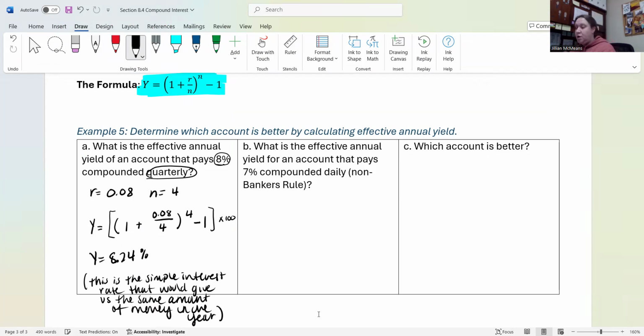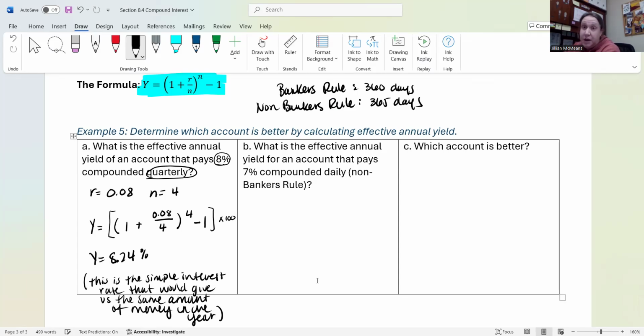All right. Now, for part B, it says, what is the effective annual yield for an account that pays 7% compounded daily, non-bankers rule? So remember, bankers rule, 360 days. Non-bankers rule, 365 days.